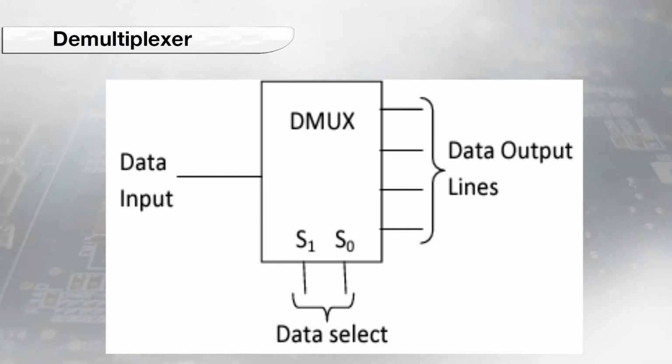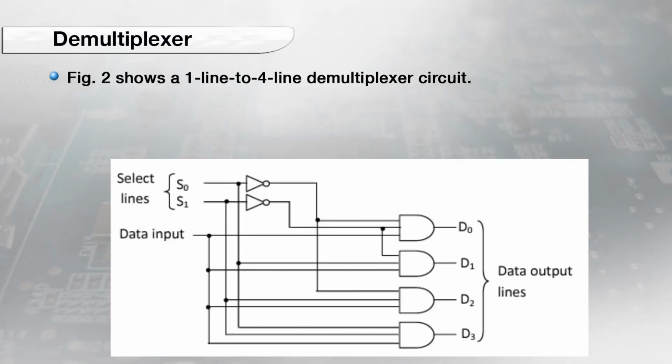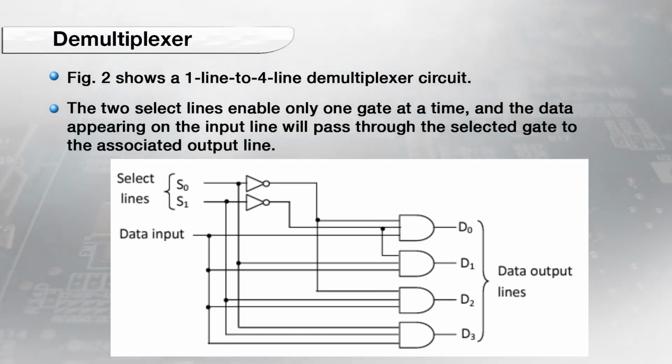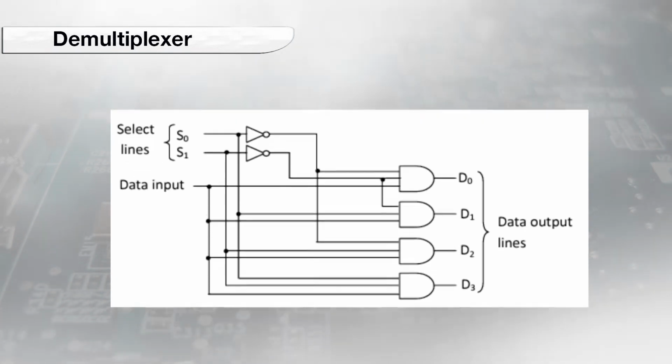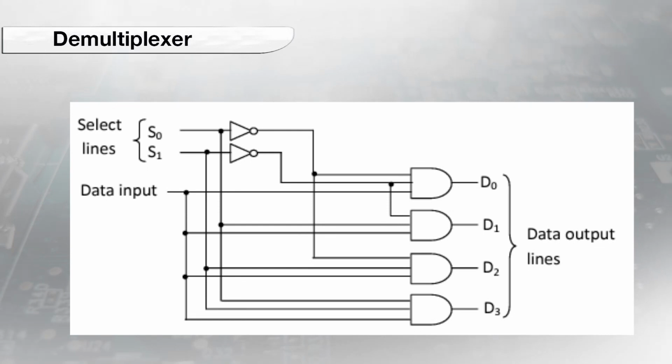This figure shows a 1 line to 4 line demultiplexer circuit. The 2 selection lines enable only one gate at a time, and the data appearing on the input line will pass through the selected gate to the associated output line. This is the logic diagram for a 4 output demultiplexer.